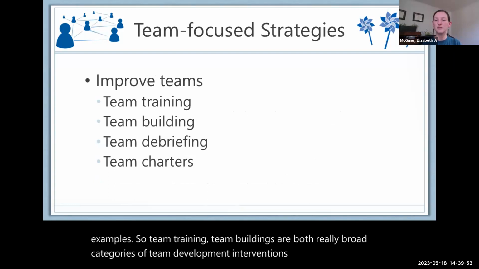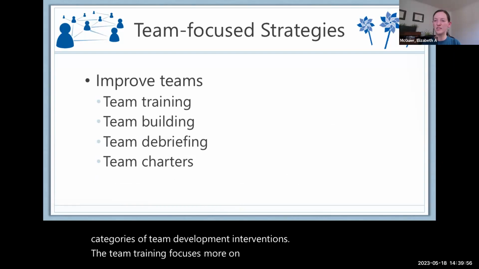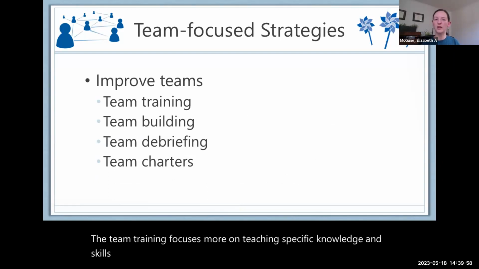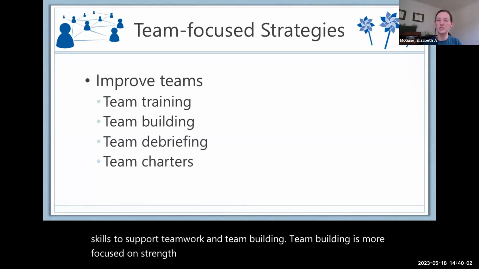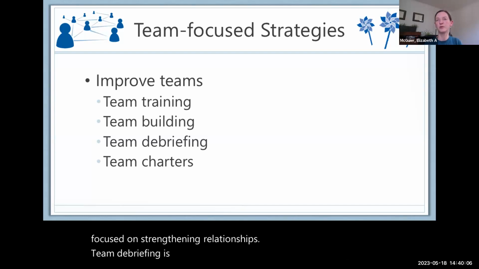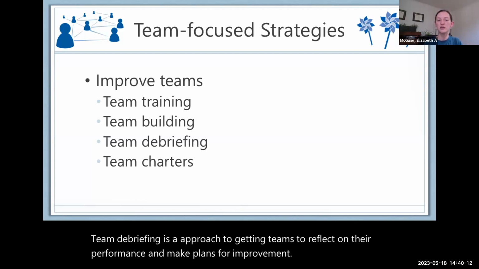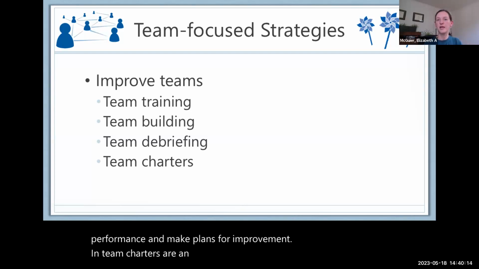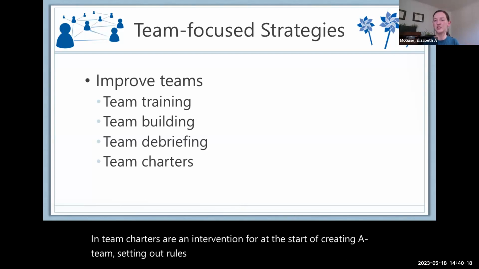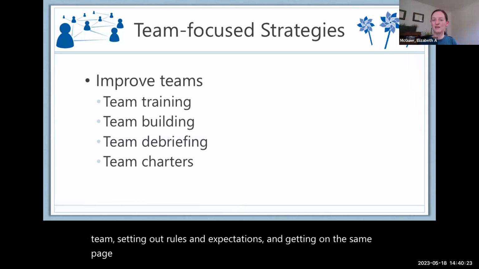Team training focuses more on teaching specific knowledge and skills to support teamwork. Team building is more focused on strengthening relationships. Team debriefing is an approach to getting teams to reflect on their performance and make plans for improvement. And team charters are an intervention at the start of creating a team, setting out roles and expectations, and getting on the same page early on.